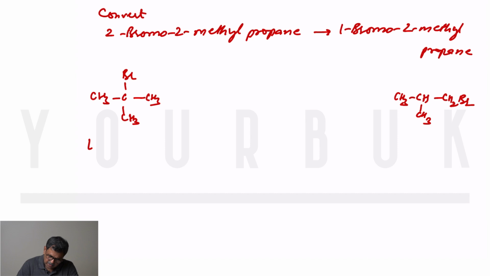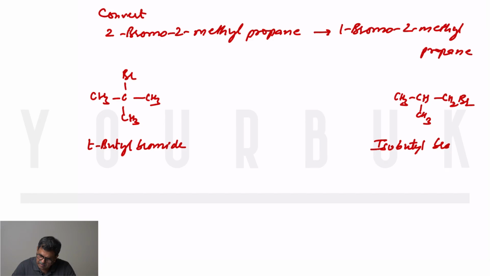So this is called tertiary butyl bromide, the common name, and this is called isobutyl bromide. So the first step is, since you are already given the haloalkane, we convert this into alkene first, using hot and alcoholic KOH.